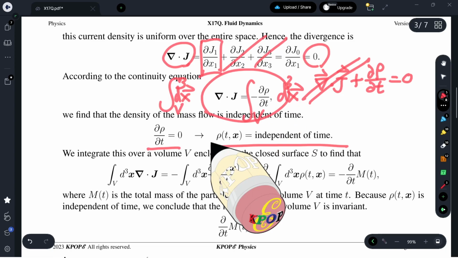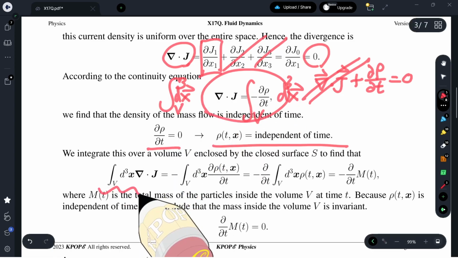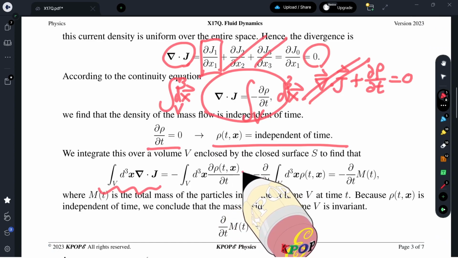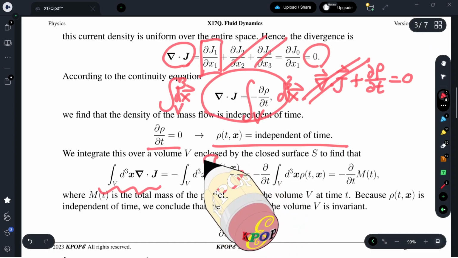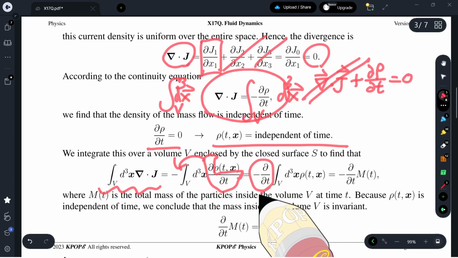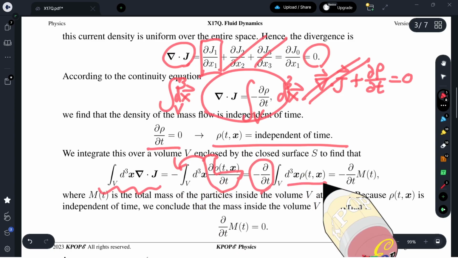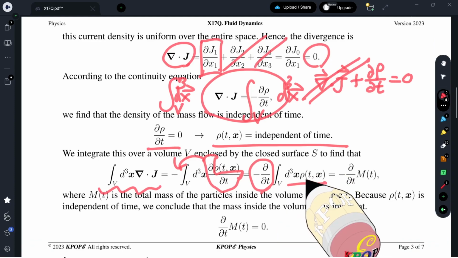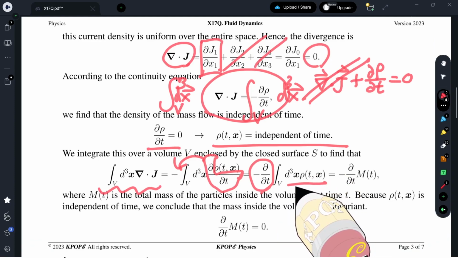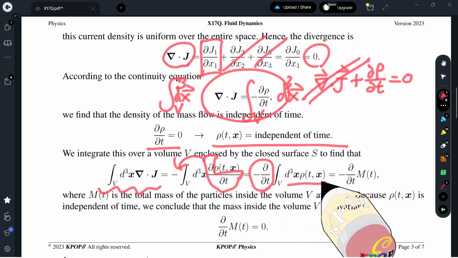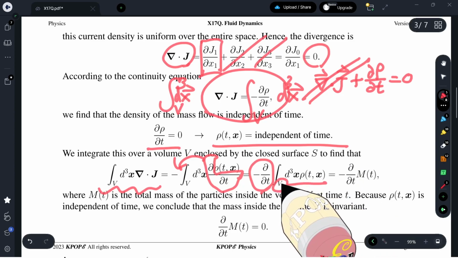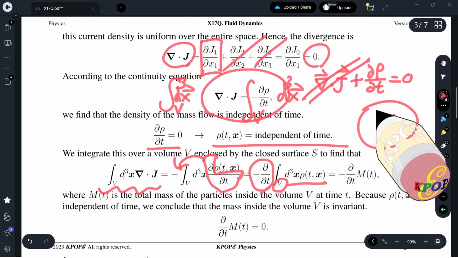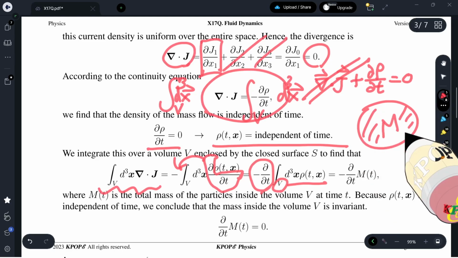Okay, in that case, divergence J, and on the right-hand side, I can pull this time derivative out of this integral, and if we carry out the volume integral, density integrated over volume, this is nothing but the total mass contained inside the volume V. Mass m is contained inside this volume.